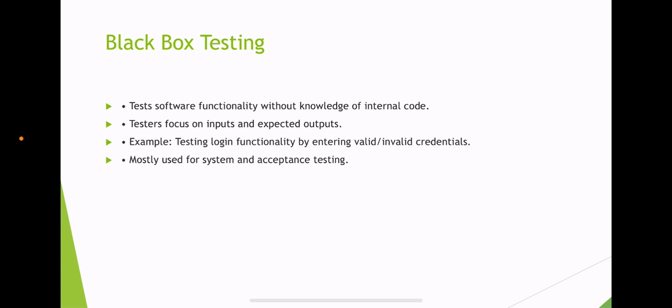Mainly it focuses on the functionality of the system based on the requirements. Generally this type of testing is performed by testers or QA engineers. A few examples are functional testing, regression testing, and system testing.